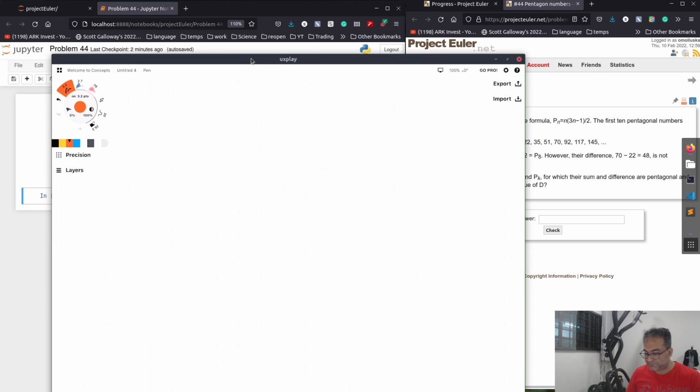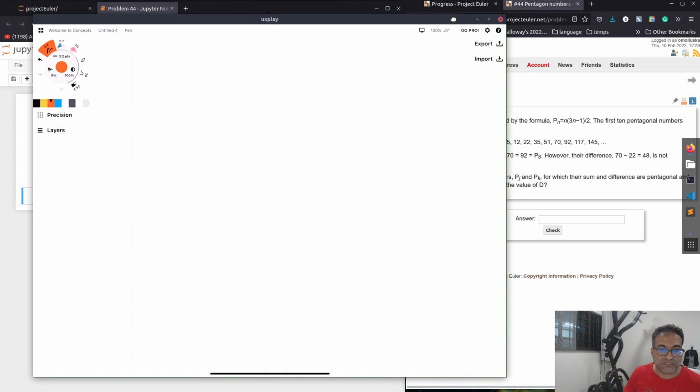Okay, so let's think about this. The equation for the pentagonal number is Pn equals n times (3n minus 1), divided by 2, times a half.